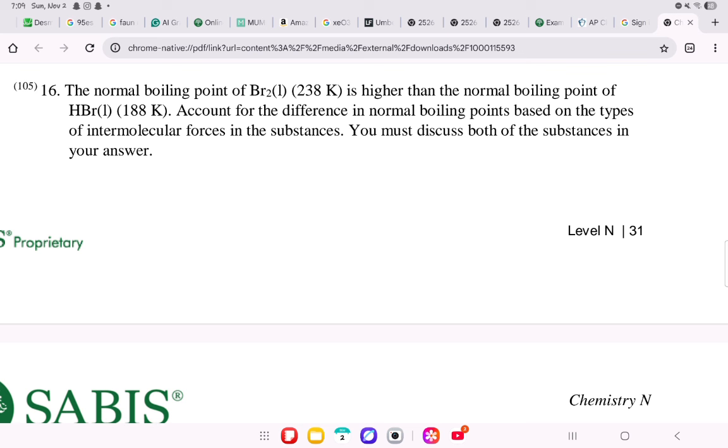Now, since Br2 has a higher boiling point than HBr, that means the London dispersion forces of Br2 must be stronger than both the London dispersion forces and the dipole-dipole forces of HBr. Of course, the greater strength of the dispersion force is due to a larger electron cloud.